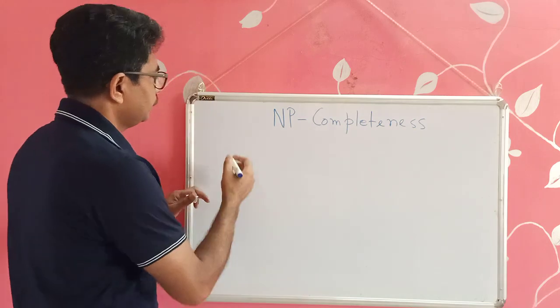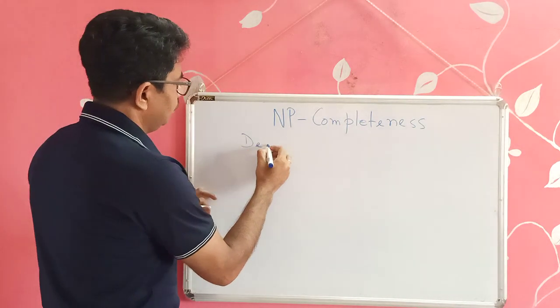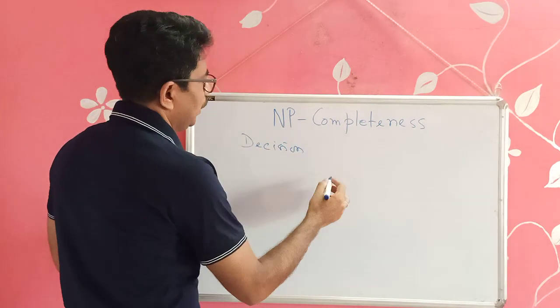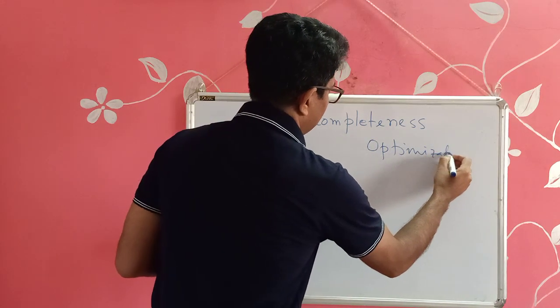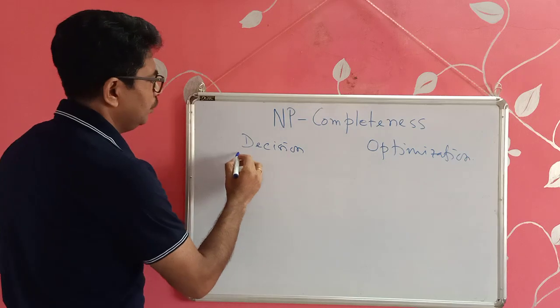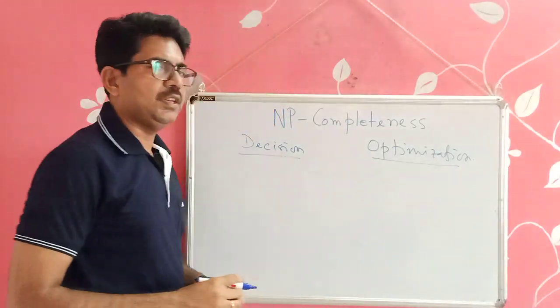One is decision problem and another is optimization problem. Decision and optimization problems are very clear to us.